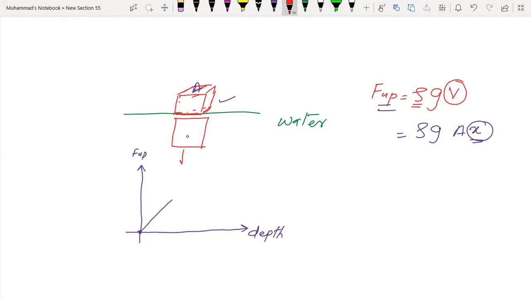After this, if you move this object further down, the upthrust would not increase further. Rather, it will be constant because the volume of liquid displaced would not change further.